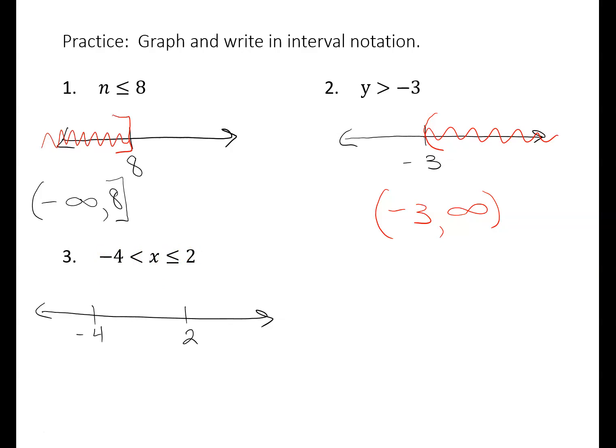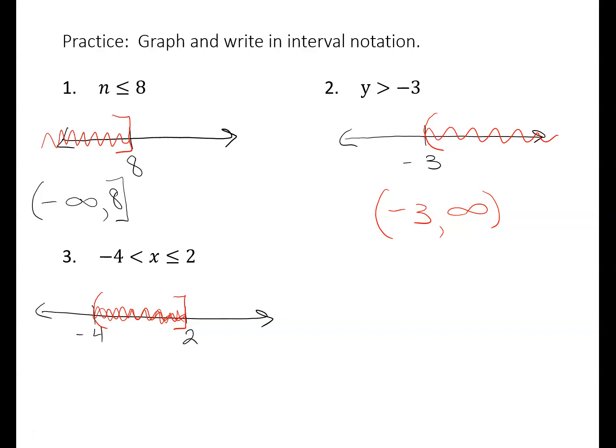Greater than negative 4 and less than or equal to 2 is in between. There is no bar on the symbol next to the negative 4, so we're not including negative 4, parentheses. There is a bar next to the 2, so square bracket.